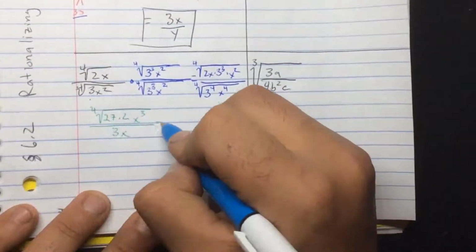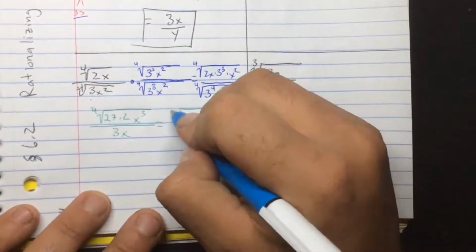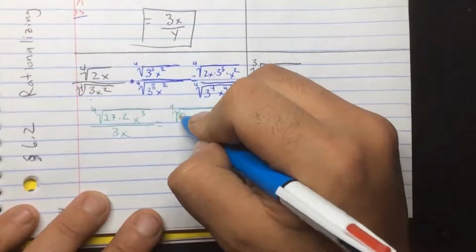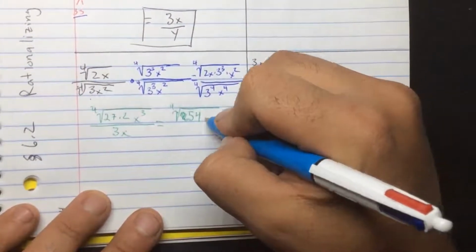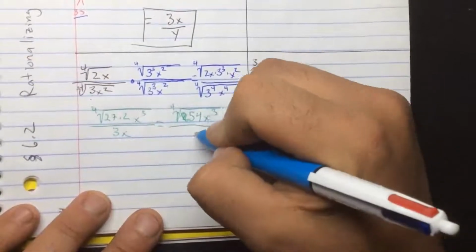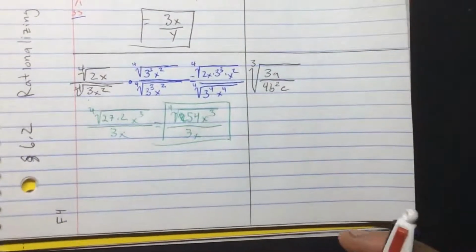And then 27 times 2 is the fourth root of 54x cubed divided by 3x. This is our simplified form.